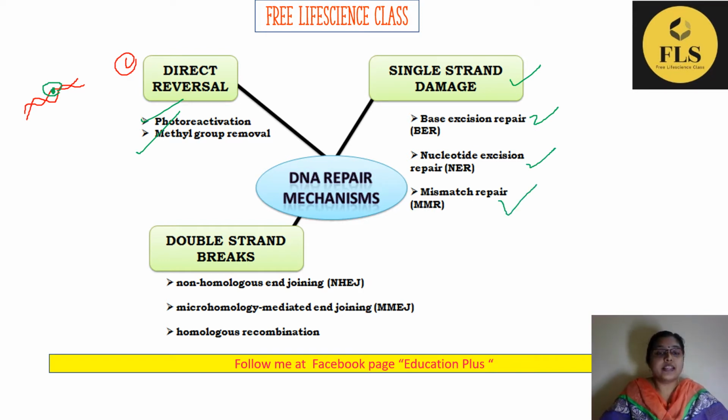Then the other classification is double stranded breaks, where damage occurs in both strands. In such cases, non-homologous end joining, microhomology mediated end joining, and homologous recombination, these three mechanisms get activated.